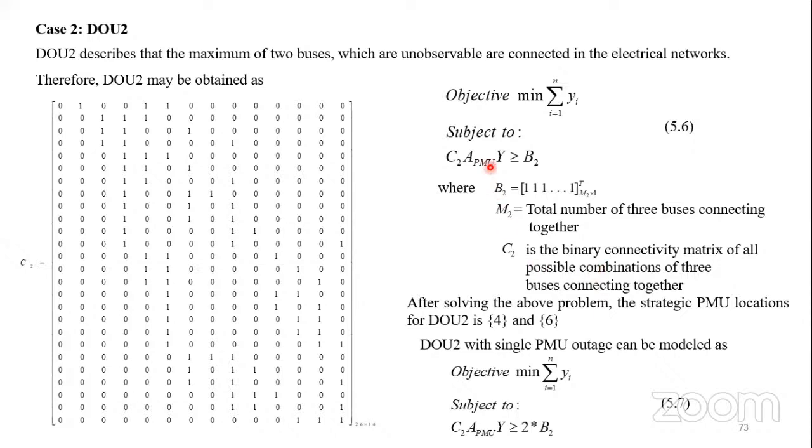We can also obtain this DOU2 whenever there is a PMU outage, by multiplying with 2. We can easily obtain the outcome of DOU2 with single PMU outage. The size of the C2 matrix is 26 into 14.